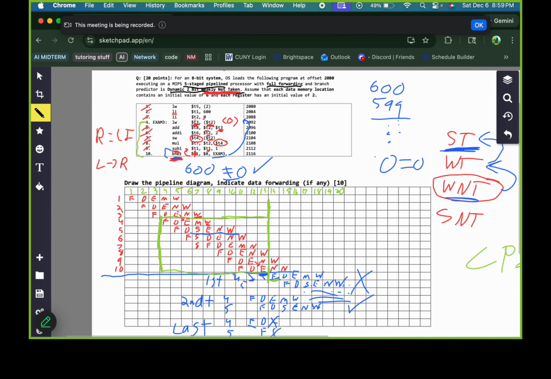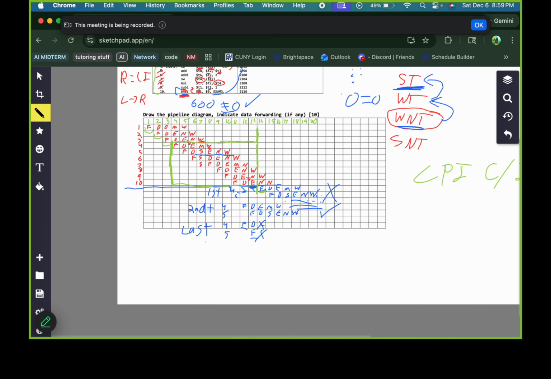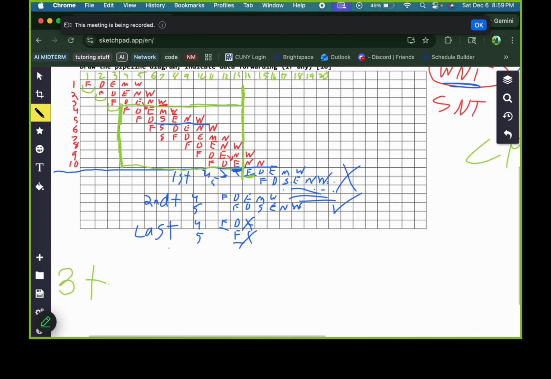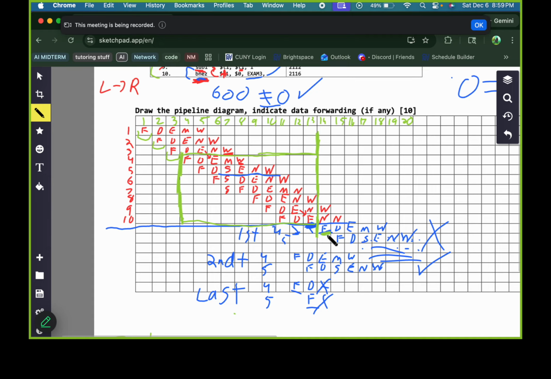So I know that there's always going to be 1, 2, 3 instructions before this loop even begins. So 3 is always going to be factored into it. Now we have 3 different loops to keep in mind. The first loop we know goes until this guy over here gets fetched.